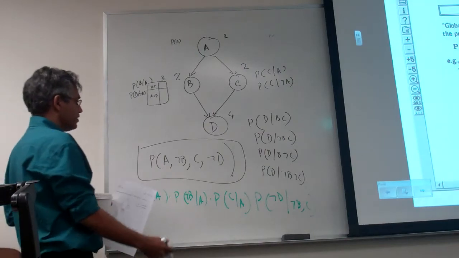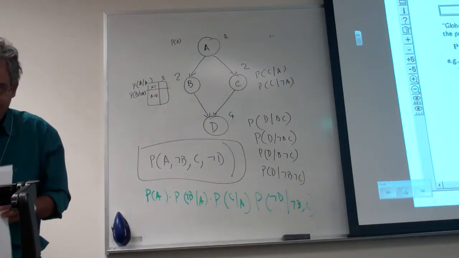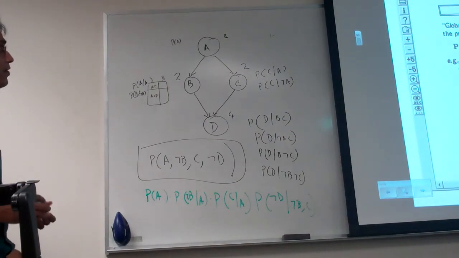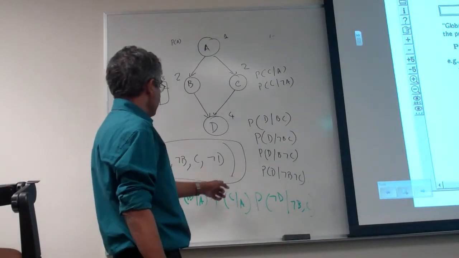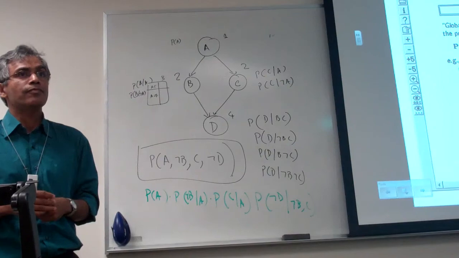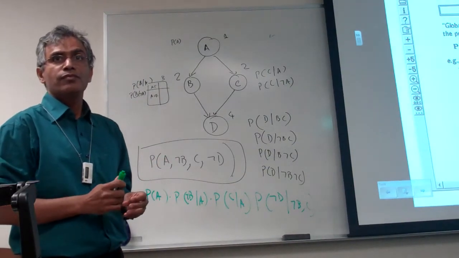Now why am I allowed to do this? I'm allowed to do this because in essence, what I did was write the chain rule in the opposite order. Right?